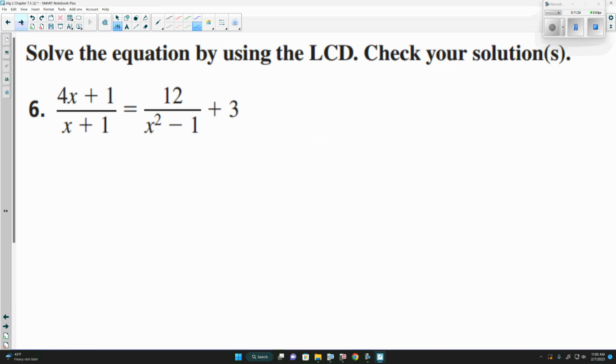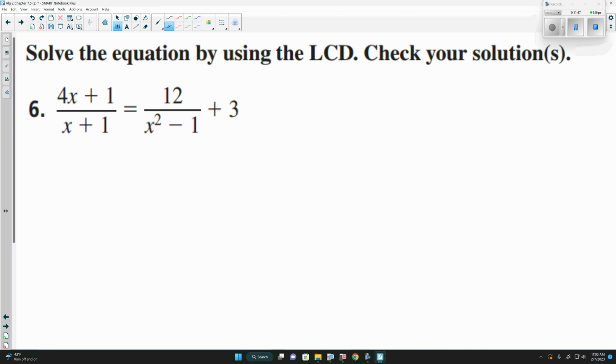All right, let's look at the next one here. Now for this problem here, if we went straight into least common denominator, what we're multiplying each one of these by, it'd be very tempting to say that we want to multiply each one of them by x plus 1 and x squared minus 1.